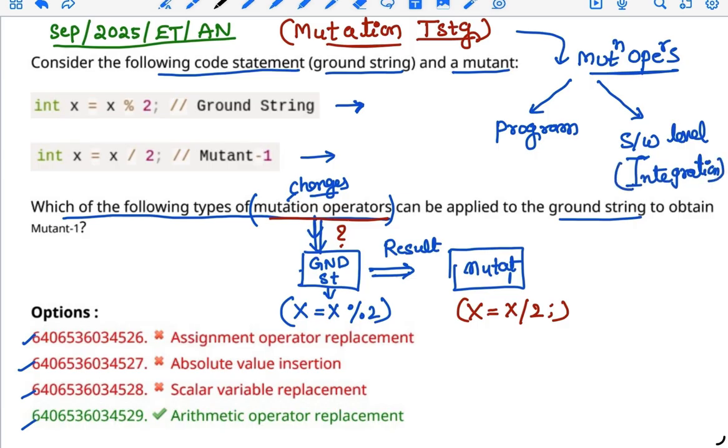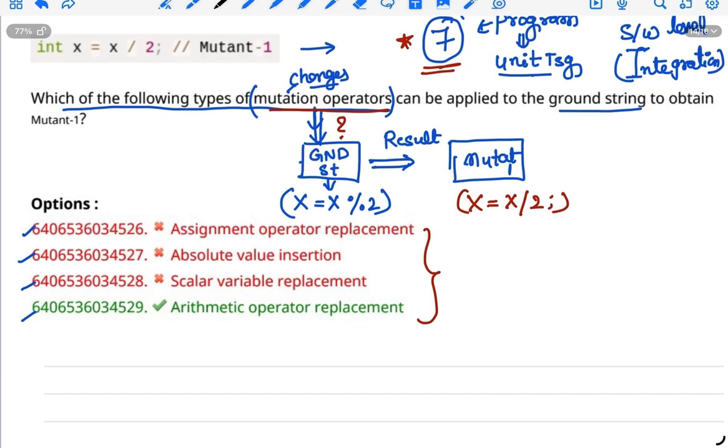Software level means the entire program. Software is a collection of code, so many programs are there inside the complete software. Integration means the sum of all the programs. The program level is related to only one program, that is under unit testing. This one is unit testing, this one is integration. So all are program level mutation operators.